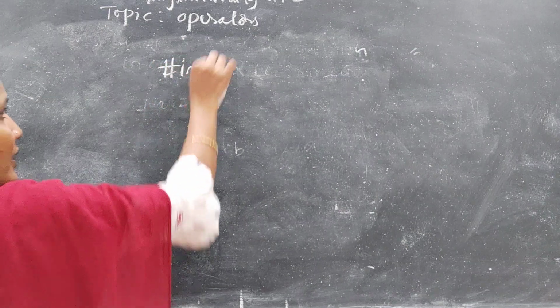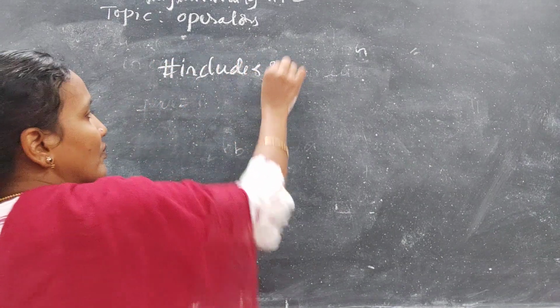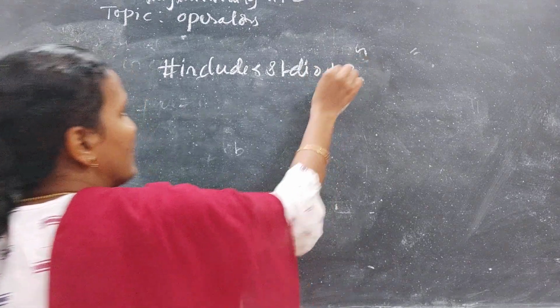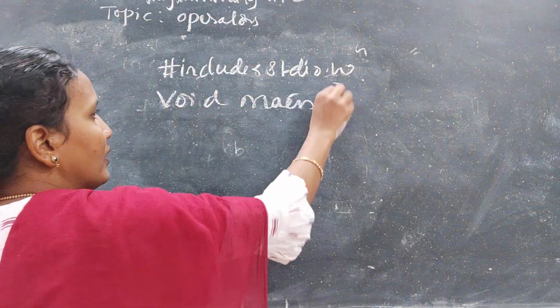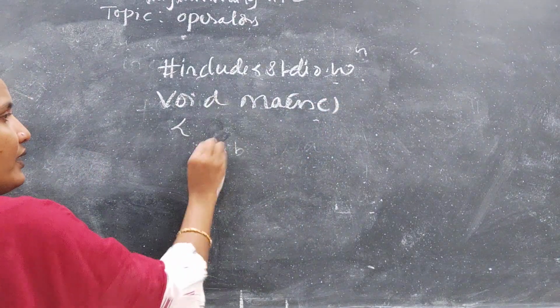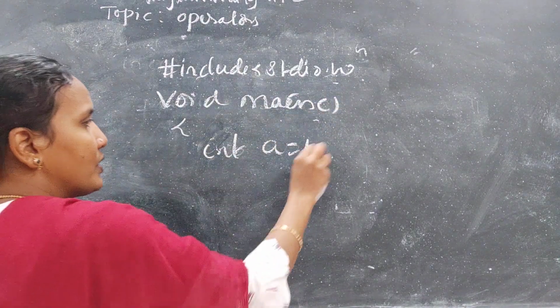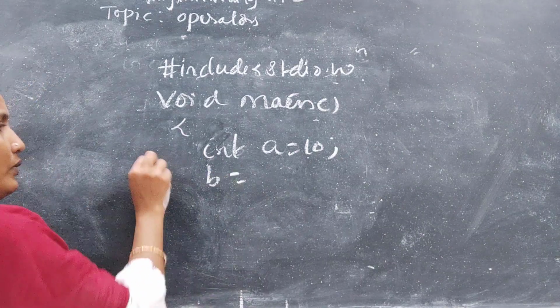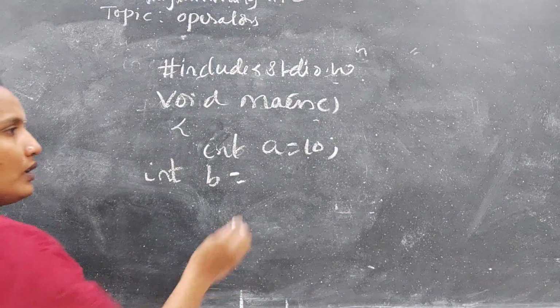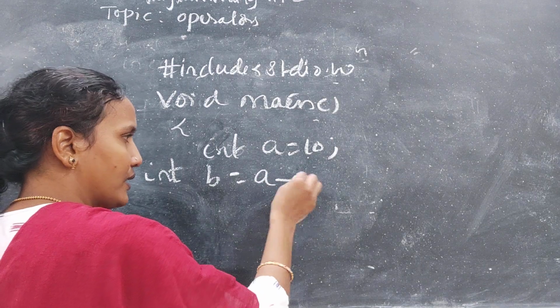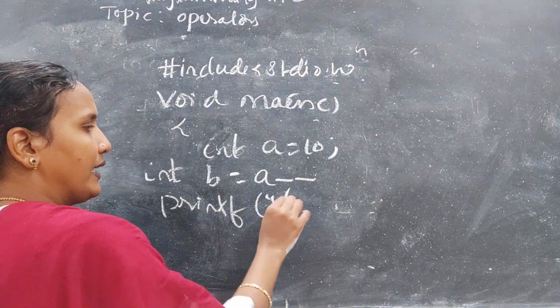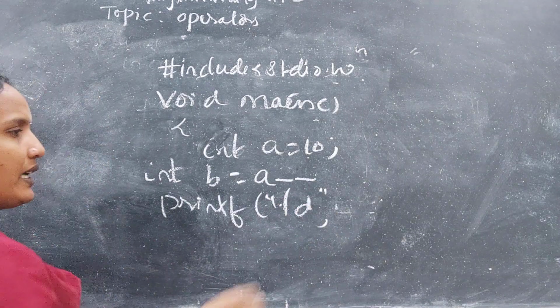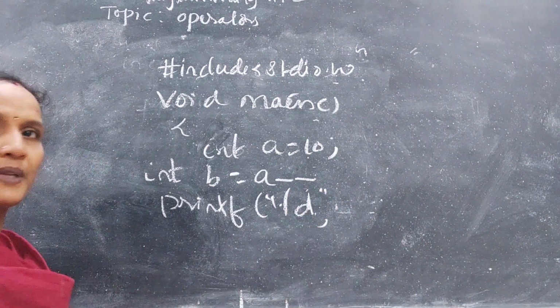For each and every operator you should write one example program. Write the preprocessor command and the main function. Next, declare the int data type, a equals 10, b equals a minus minus. Then printf with percent d, because it is an integer; if it were a float, we would use percent f.